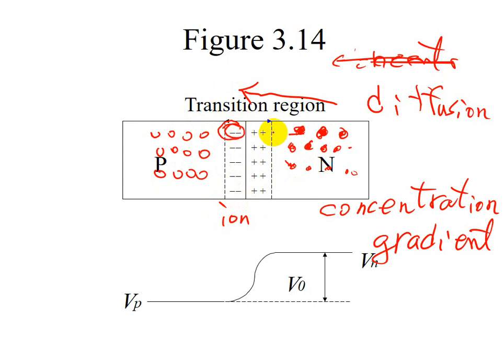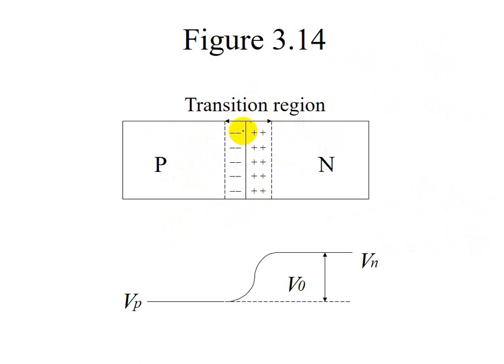But because electrons are being lost to the left, all of the atoms here become positive charge ions. Therefore, near the interface, you have negative charge particles and positive charge particles over here.